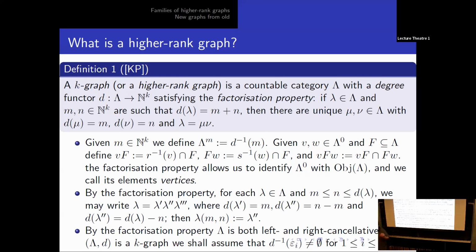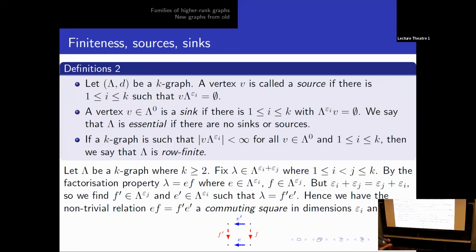Otherwise, it's pretending to be a higher rank graph if you don't use up all the dimensions. So I'm looking at real higher rank graphs. Okay. Then there's some technique. Oh, I should go back. Sorry, meant to go back.